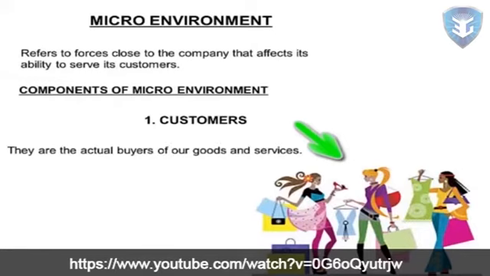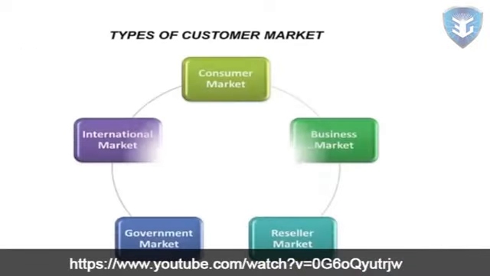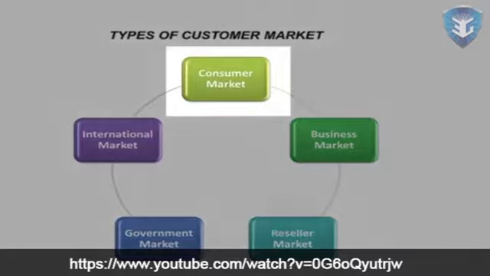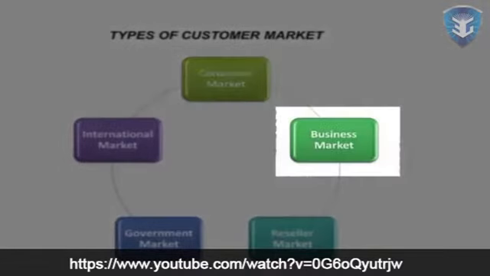Now we are going to look at 5 types of customer markets. The first one will be the consumer market. Consumer markets are individuals and households that buy goods and services for personal consumption. The second one will be your business market. They buy goods and services for further processing or for use in their production process.